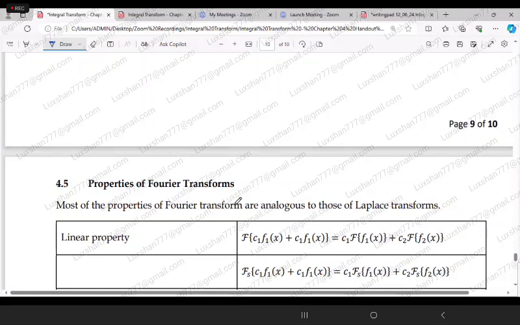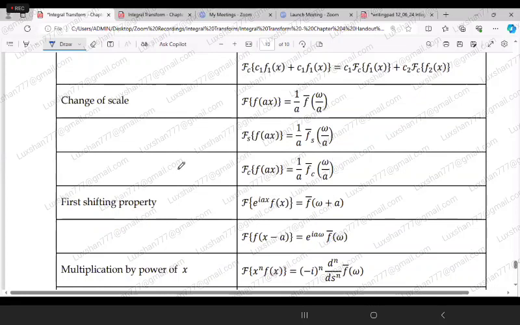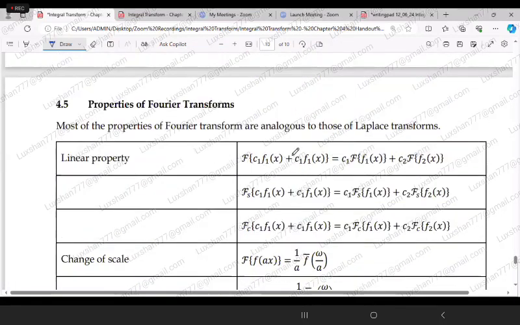We studied linearity property, change of scale property, shifting property, integration, differentiation, convolution property, and so many things. Similarly in Fourier transform also we have these properties, but here we are not going to prove this one, and we are not going to use this one, but just to know that these exist.